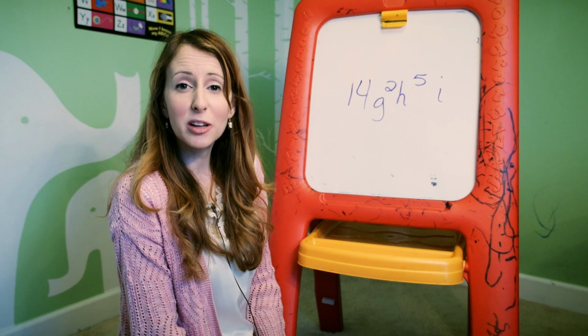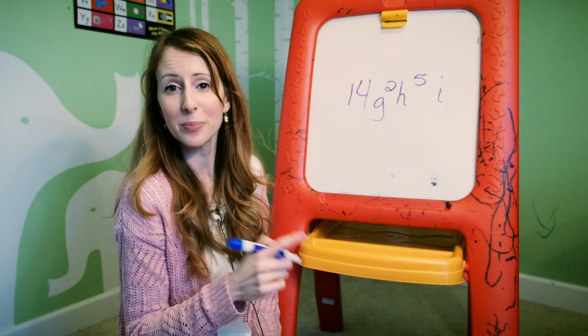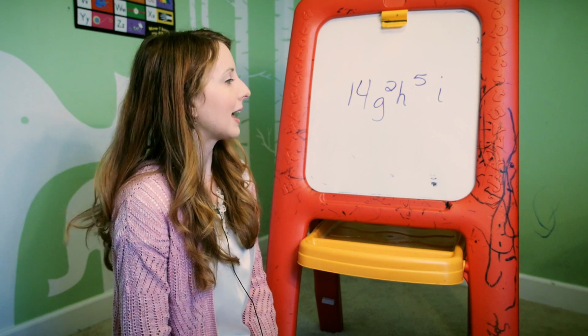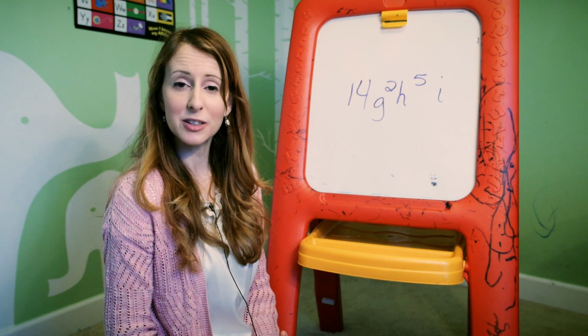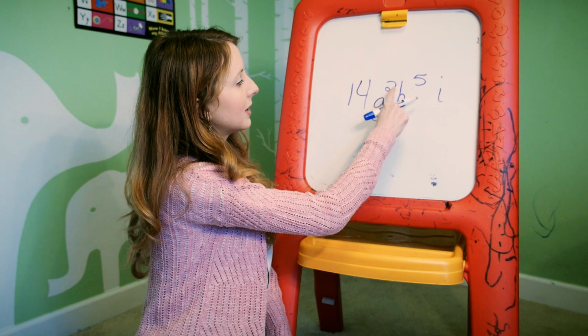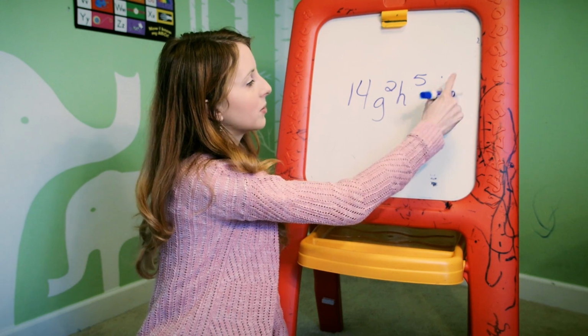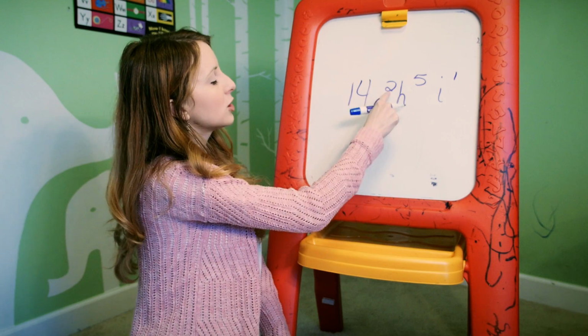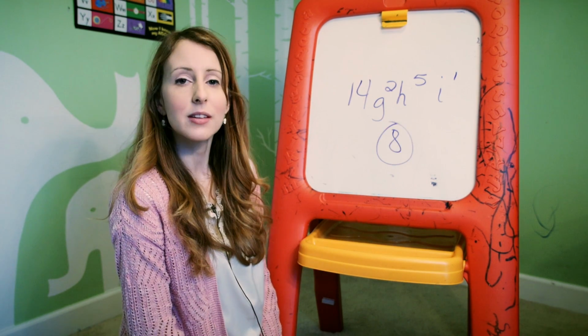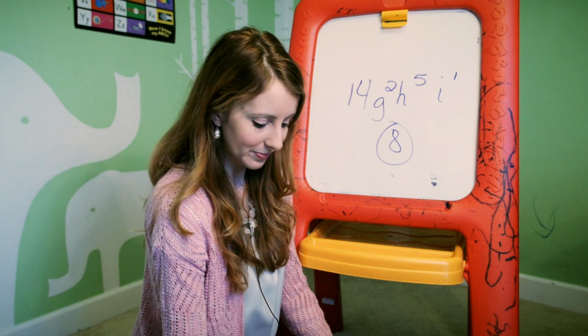All right, this particular polynomial is just a one-term polynomial, so we'll simply count its exponents, and that will be the degree measure for the entire thing, obviously. All right, so we have 2 and 5, and there's nothing written here, so we assign it a 1. 2 plus 5 plus 1 is 8. So this is an 8th degree monomial.